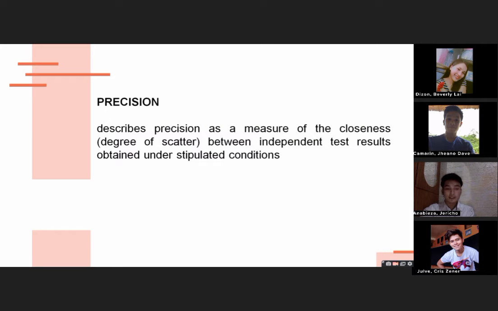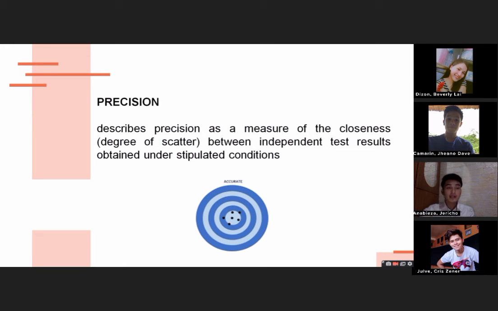It means the first trial until your third trial are the same with each other. In my example here, as you can see, the first shot is far from the actual target value. It is far, but our second try is still close to our first try, and our third try is still close to the first try.